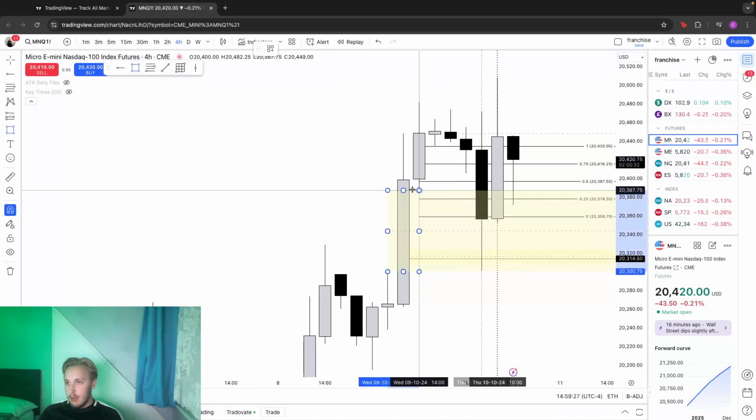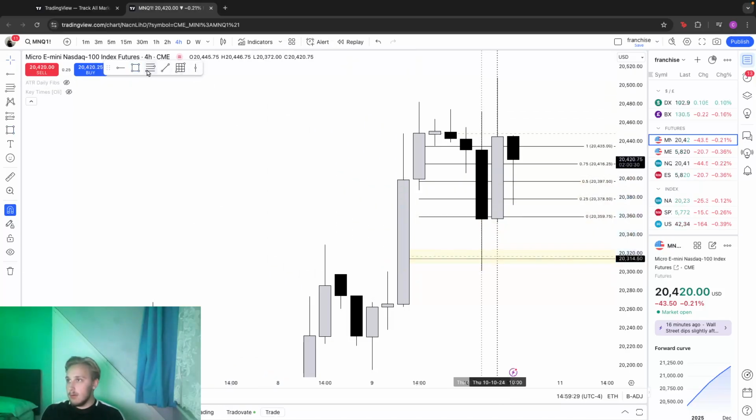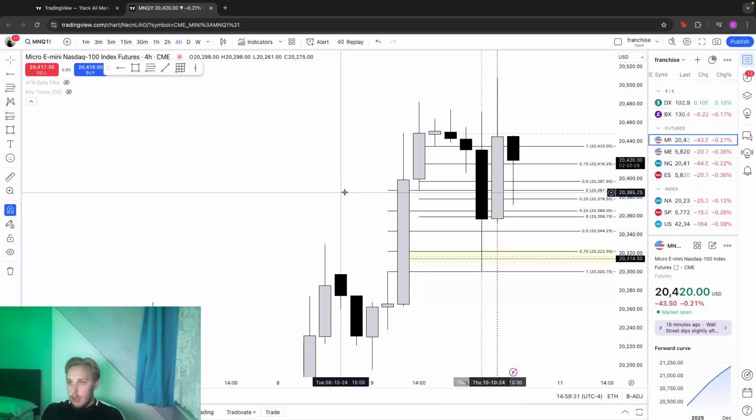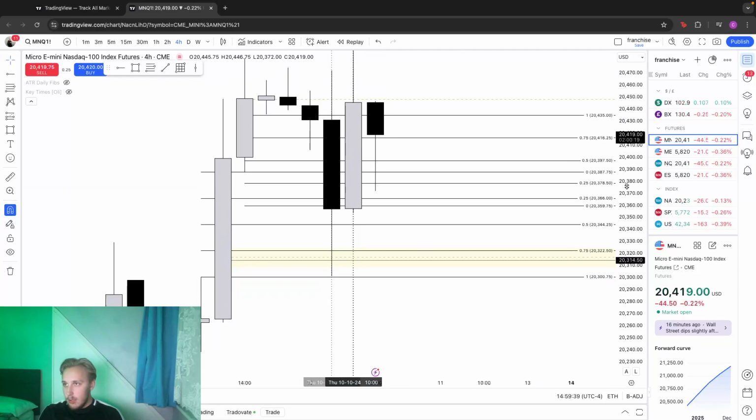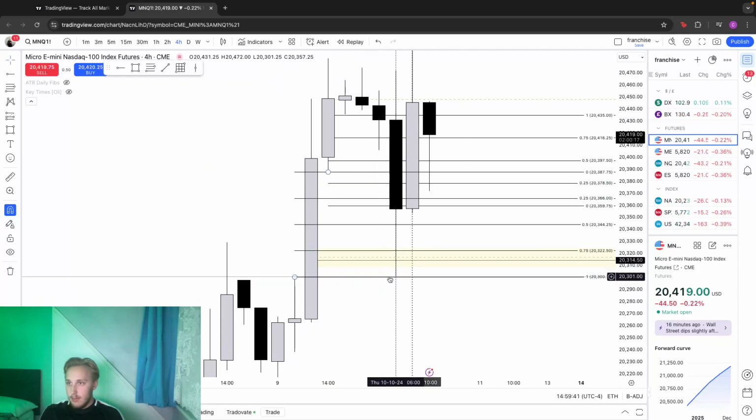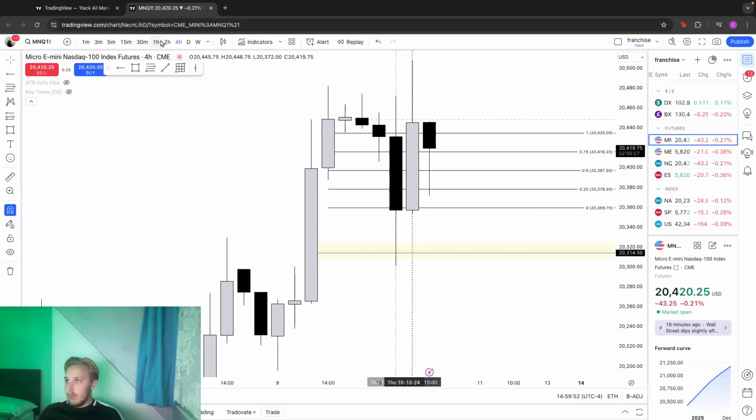Obviously come down, wick 50% and the lower quadrant. And yeah, didn't fill in that bottom part. We left it open, which is good to see. And yeah, so that would be for NASDAQ.